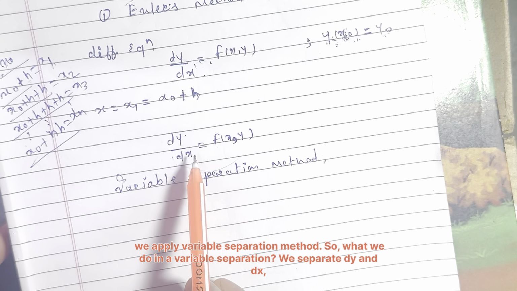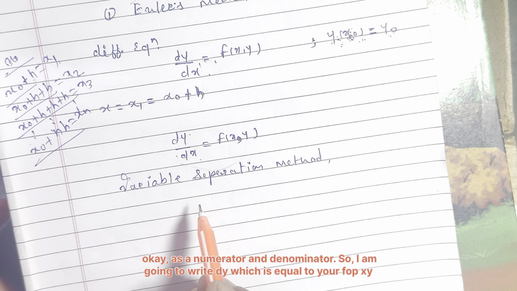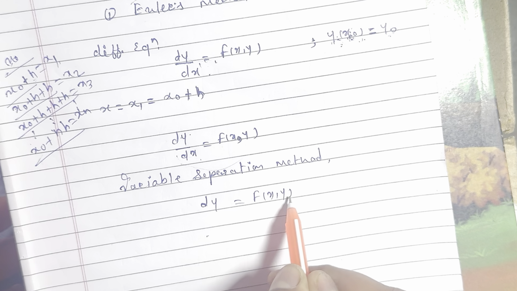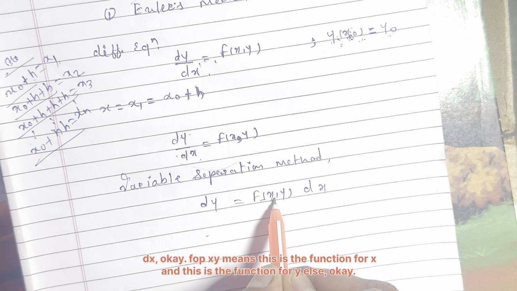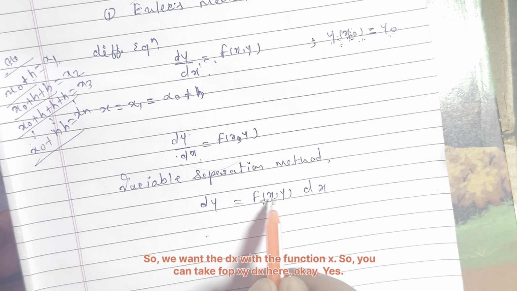So what we do in a variable separation, we separate dy and dx, as a numerator and denominator. So I'm going to write dy, which is equal to f of xy dx. f of xy means this is the function for x and this is the function for y also. So we want the dx with the function x, so you can take f of xy dx here.